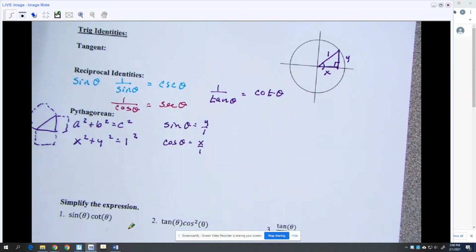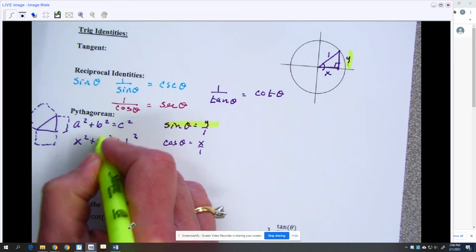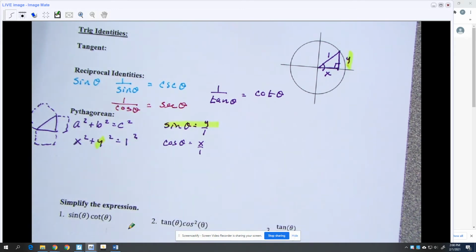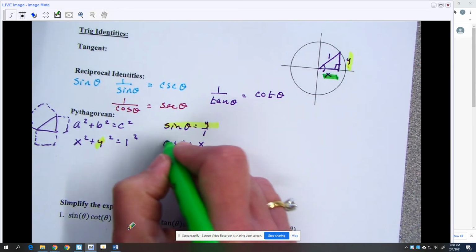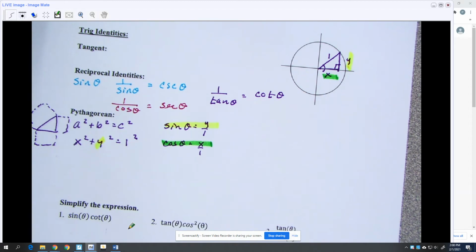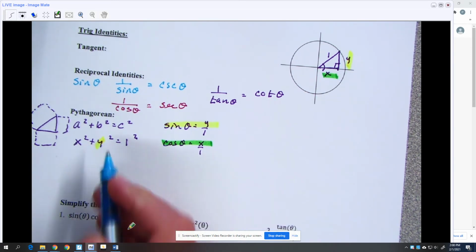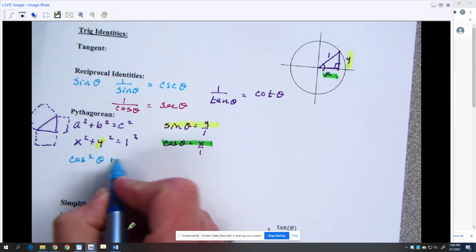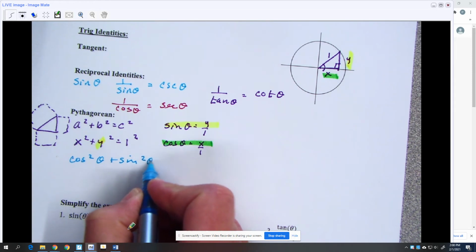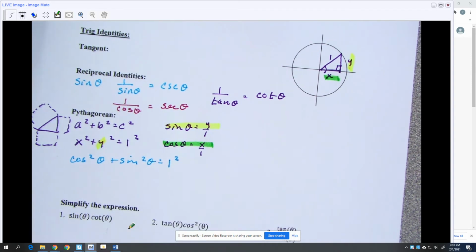So if I replace y on this triangle with its trig function, I will put a sine there. And likewise, if I take x and replace it with its trig function, we get what we call the Pythagorean identity, which says cosine squared theta, which is the x, plus sine squared theta, which is the y, equals 1 squared.